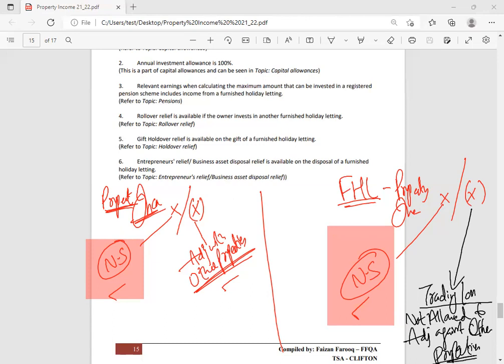The remaining six differences will be part of our future course. Normal property losses will be adjusted against other property incomes. But FHL loss will be adjusted against net profit. Trading income means net profit, and it will not be adjusted against other property incomes. Any questions, please?